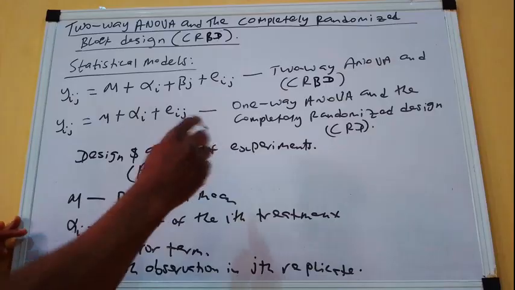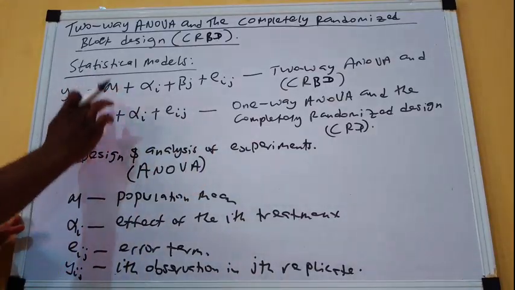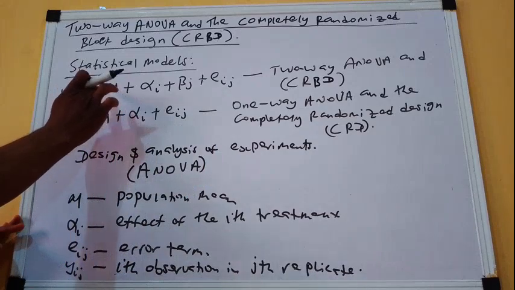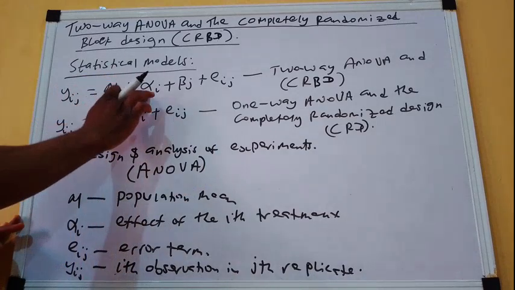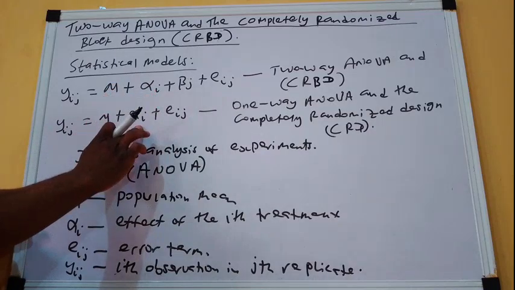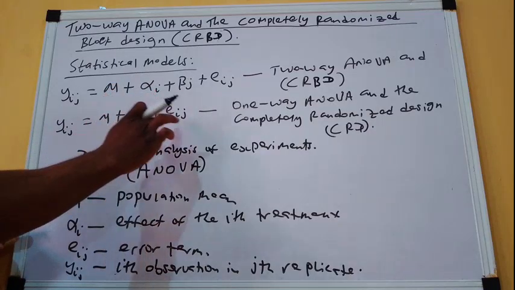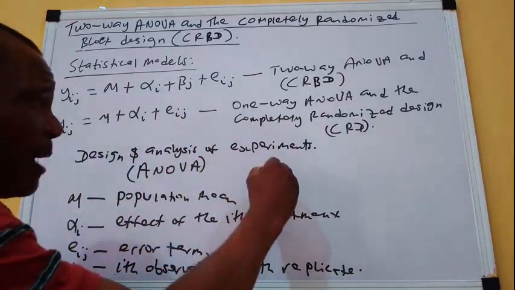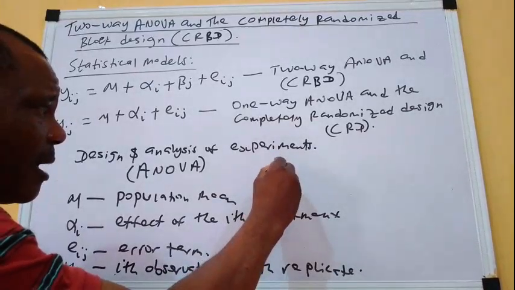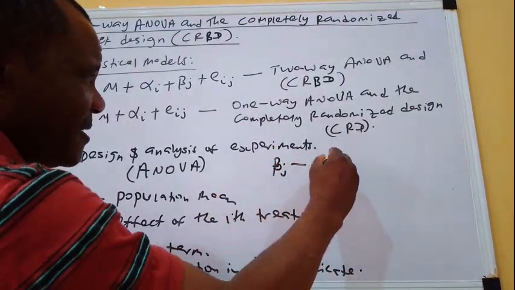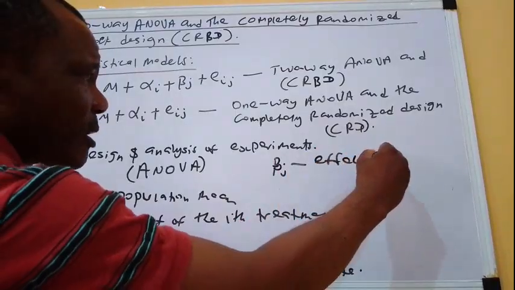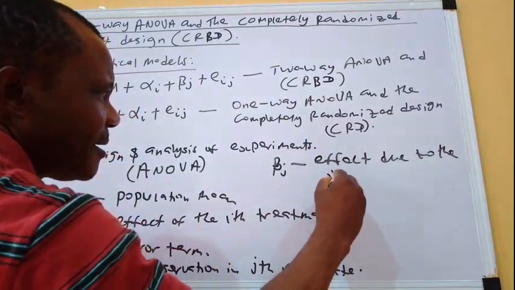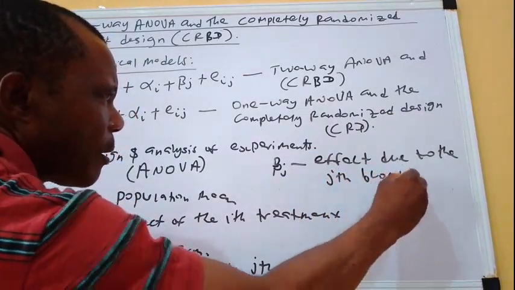So you can see both of them, the model for the one-way and the model for the two-way, have the population mean. Then this one is the effect due to the ith treatment, and this is the error term. But this one has an additional source of variation, where our beta j is the effect due to the jth block.